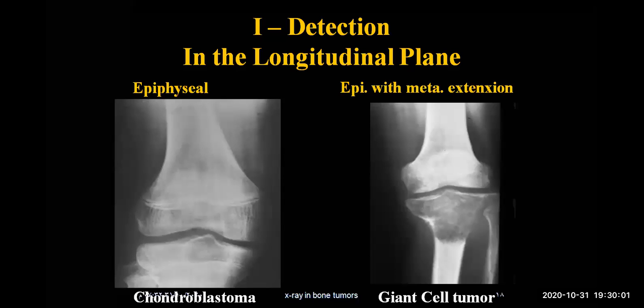So examples for the epiphyseal, the striking example is chondroblastoma. Okay, this is a common MCQ, by the way. Then the GCT, which is metaphyseal with epiphyseal extension, because it starts almost in the metaphysis, not in the epiphysis, but it will extend to the epiphysis.